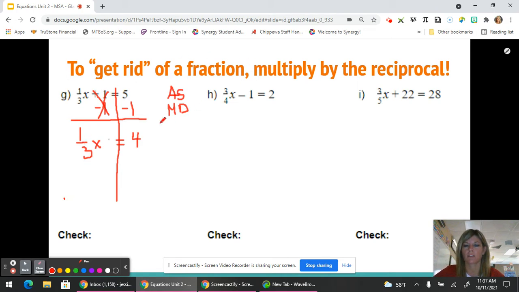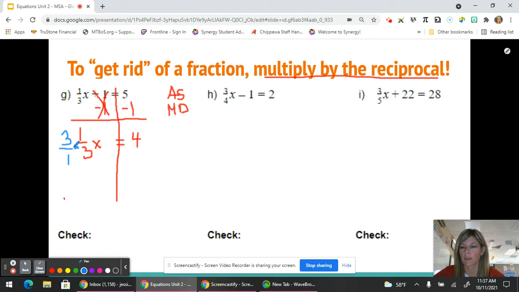We know that to clear a fraction, we're actually going to multiply by the reciprocal. You might recall that to divide fractions, you actually never divide, you flip and you multiply. So that's exactly what we're going to do here. I'm going to take this fraction 1/3 and find the reciprocal. It means I'm going to flip it around to 3/1.